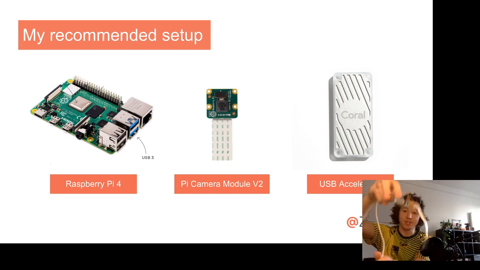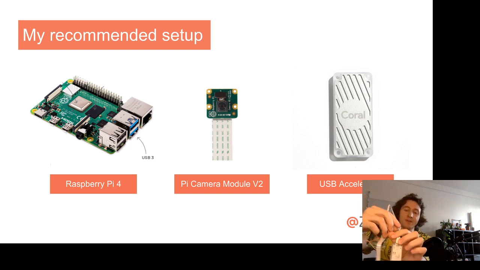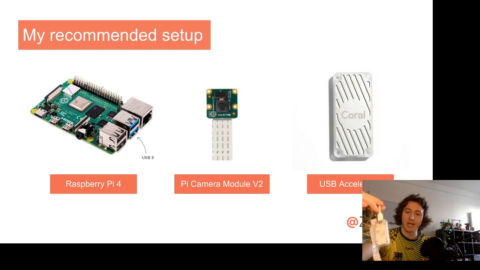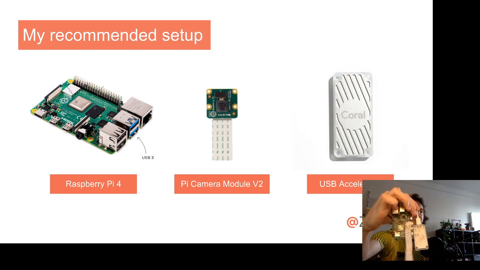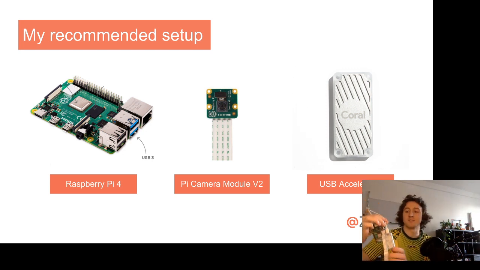There is a Python library and examples of how you can run Python code and tell the accelerator to make the predictions. And the speed difference I've seen is, if I run a quantized model that's already been optimized for mobile devices on a Raspberry Pi by itself, it might make a prediction every 300 or 400 milliseconds, so maybe 1 or 2 predictions a second.